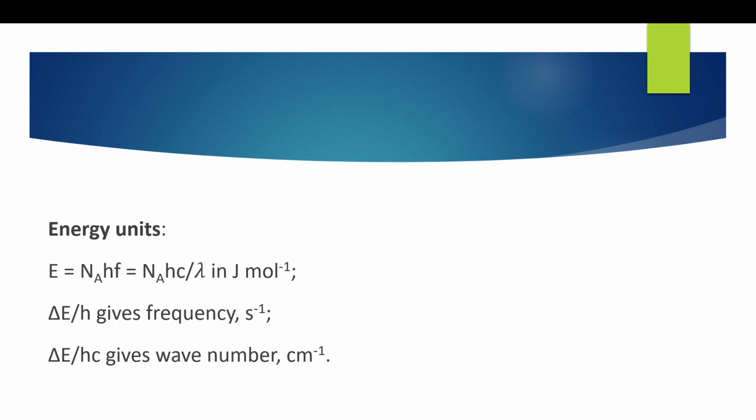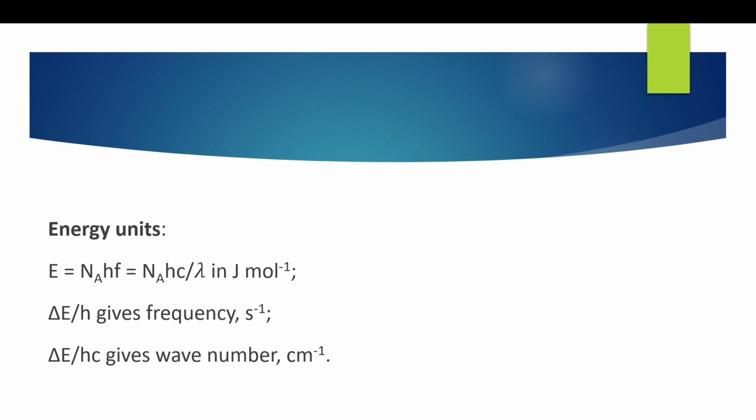Here I have given energy units. E in joule is Avogadro number multiplied by h multiplied by frequency. When you replace frequency by c over lambda, you divide delta E by h, you get frequency per second.